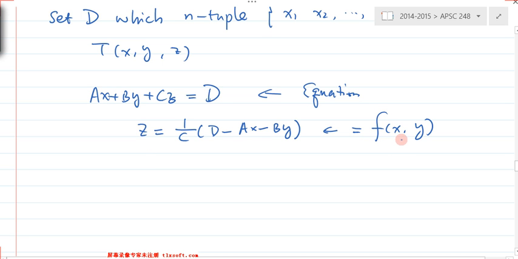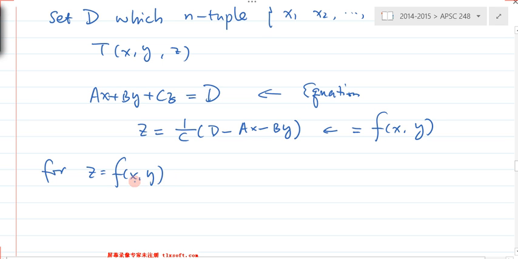What I'm trying to say is, often you need to be aware of the difference between an equation and a function. A function can be derived directly from an equation. The next point is that for z equal to f of x, y, this kind of case is visualizable in 3D space.